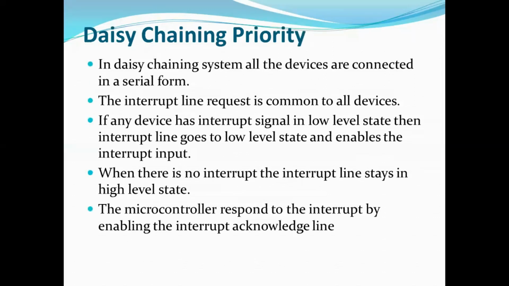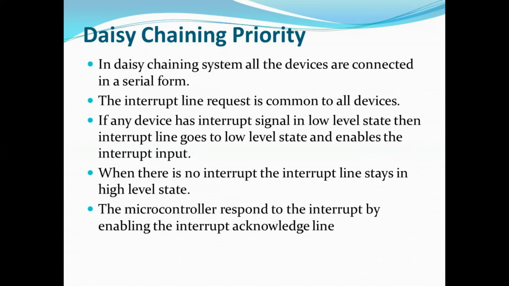In the daisy chaining system, all the devices are connected in a serial form. The devices with the highest priority are placed at the first position, followed by lower priority devices, and the device with the lowest priority among all is placed last in the chain.